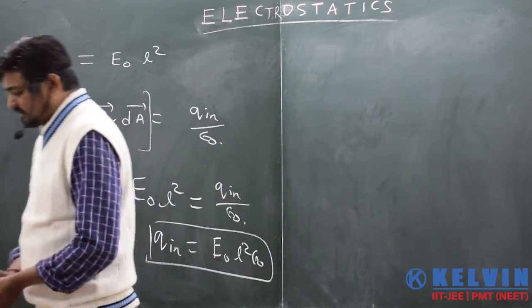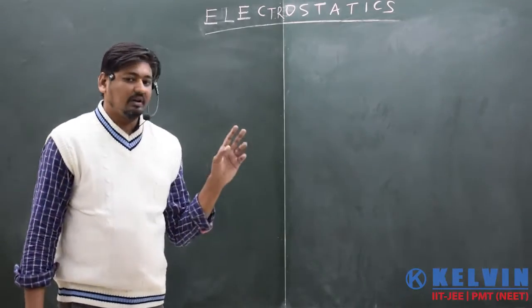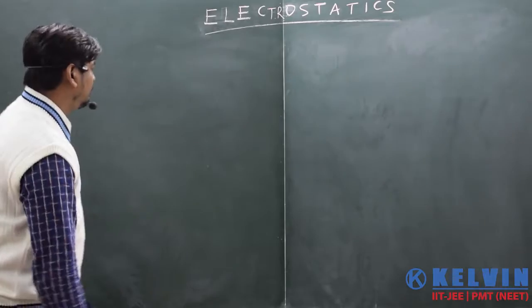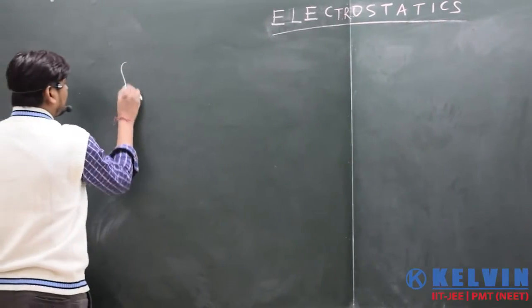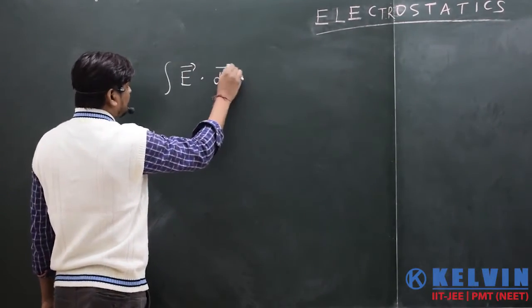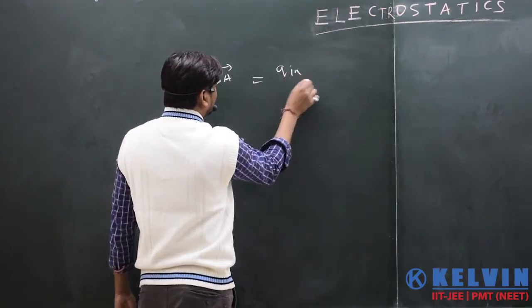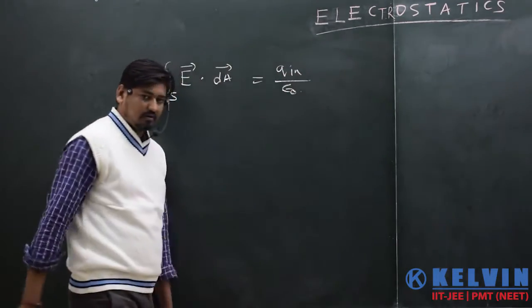So this was about the question. Now writing the equation of the Gauss law, integration of E dot dA for the closed surface equals Q inside upon epsilon naught, right?